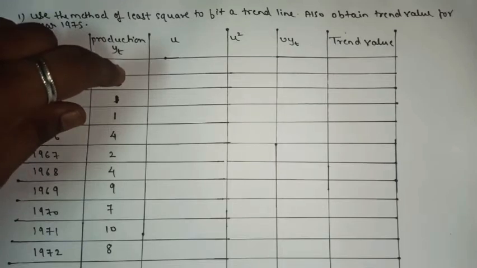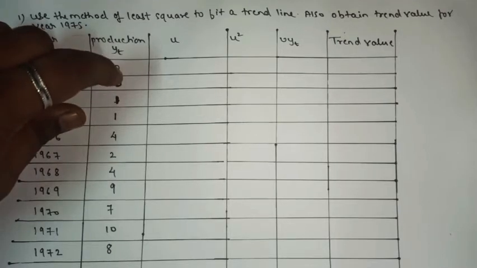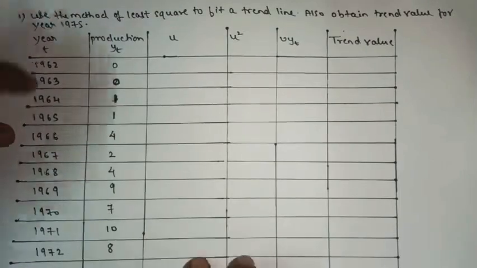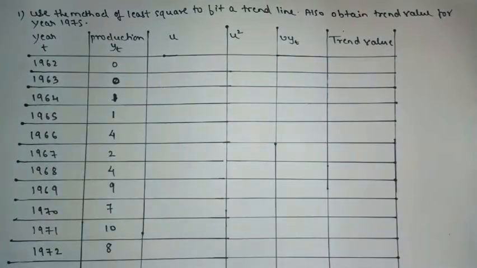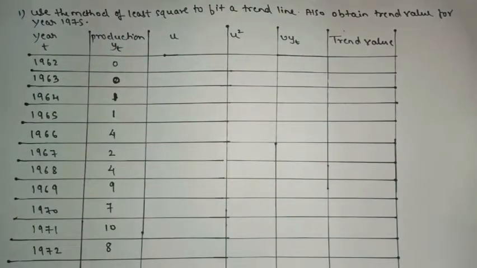As I had explained, YT denotes the value of the variable at time T, and T is the year. Remember, for the first column, that means for year, you will take T, and for the production you will take YT.